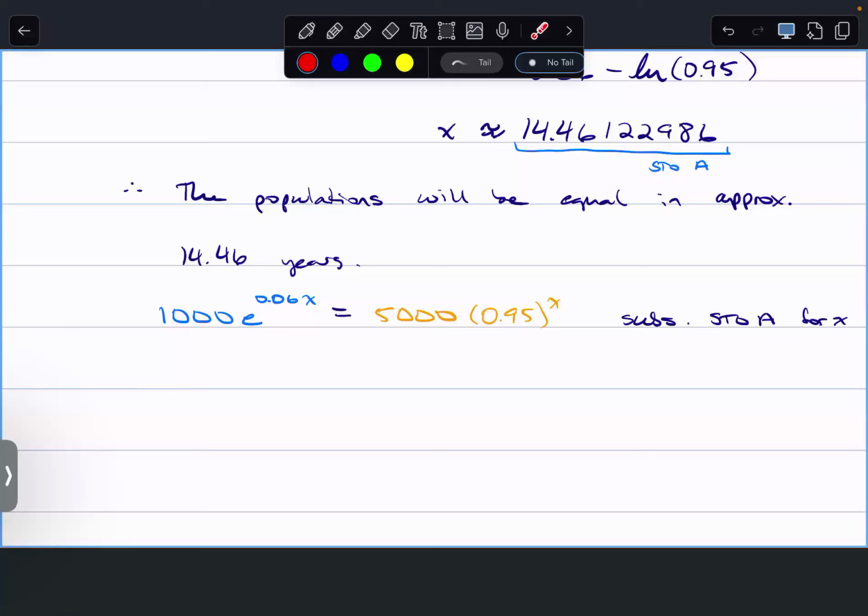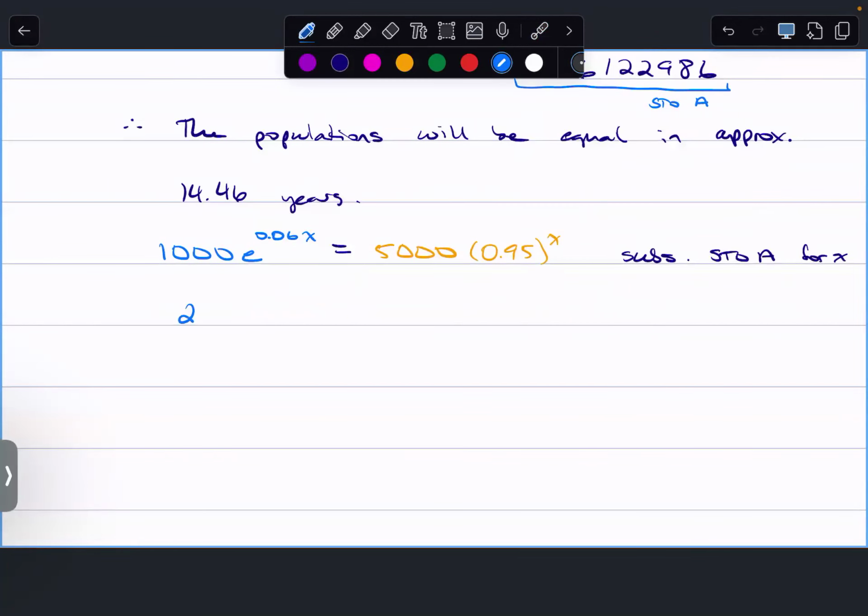Store A times 0.06. E to the power of that, kind of reverse engineering it, times 1,000. I get a population size of 2,381.364855.